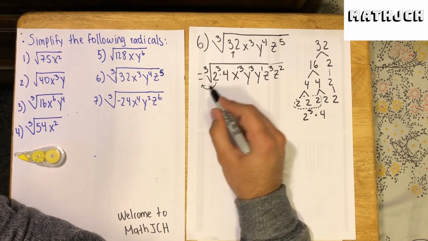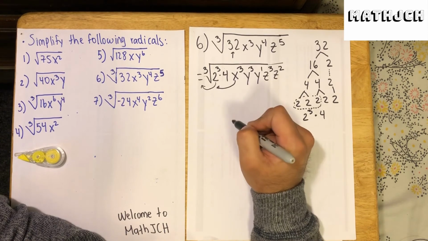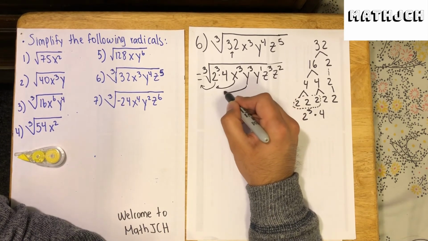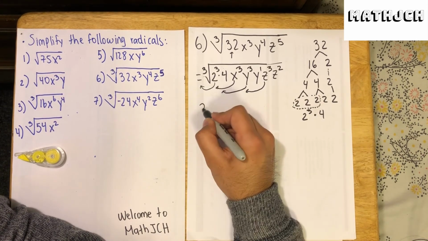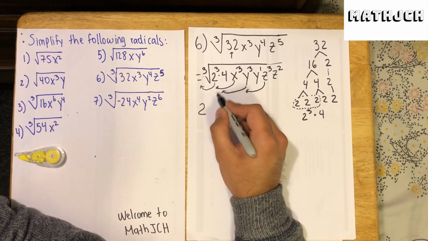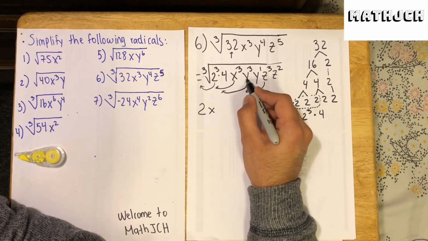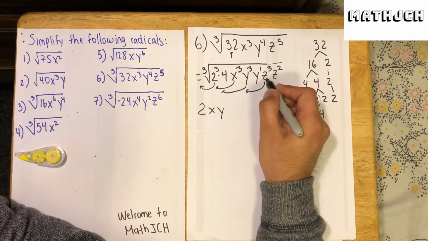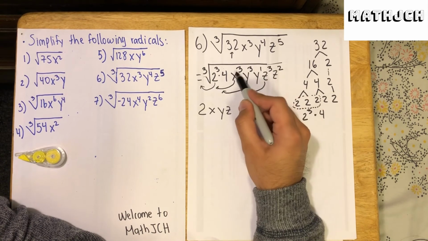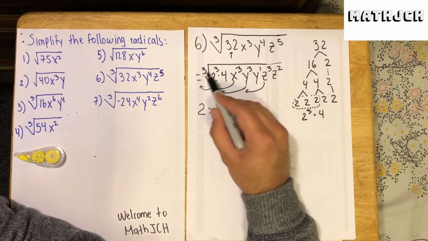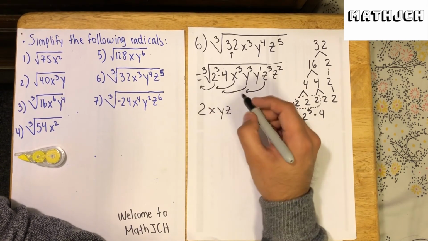Like for example, this 2 will go out, this x will go out, this y will go out, and this z will go out. And again, without the exponents, because the exponents are being cancelled with the index right here.